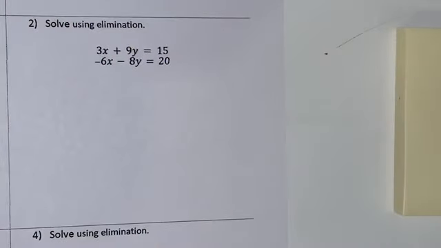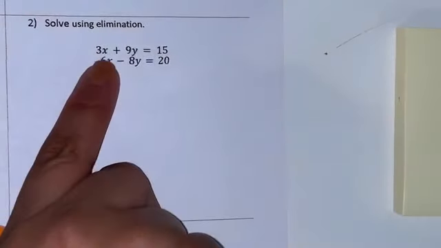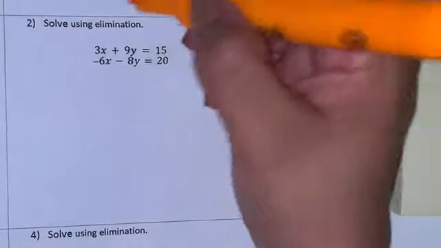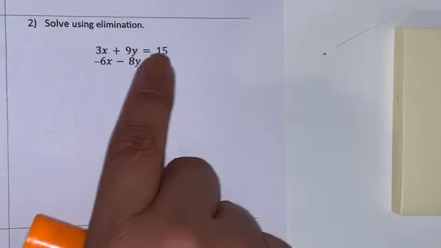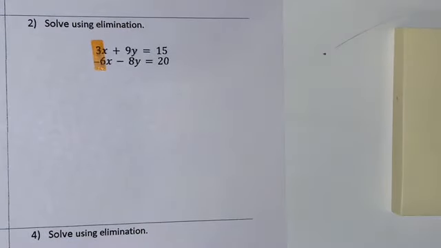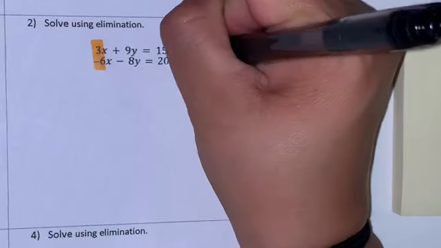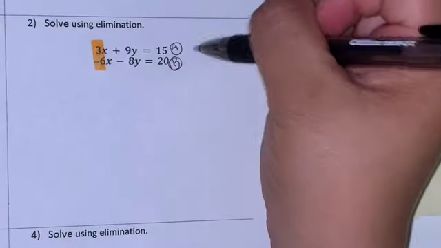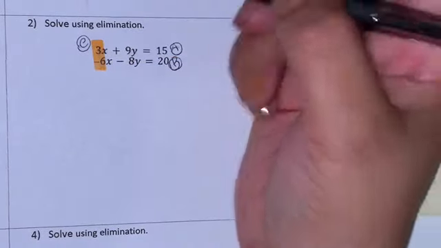Number 2, solve using elimination. We want to see if we can have opposite variables. So I know that 3 and 6 are in the same family, so all I need to do is multiply this 3 by 2 and then the rest of the equation by 2 so I can get the opposite variables here. So that's what we're going to be working with. So I have equation A and equation B. And we're going to make equation C by multiplying equation A by 2.